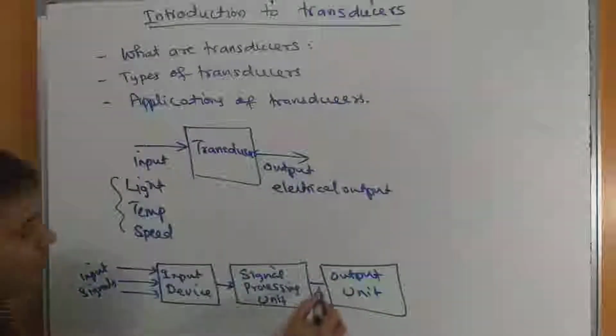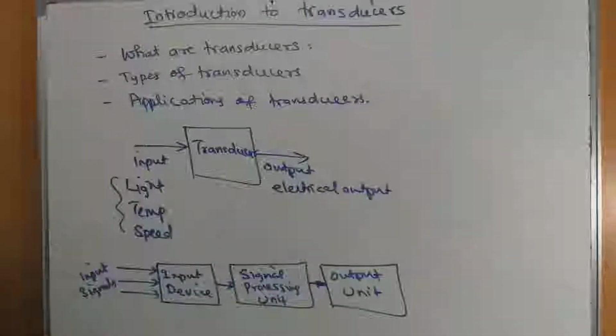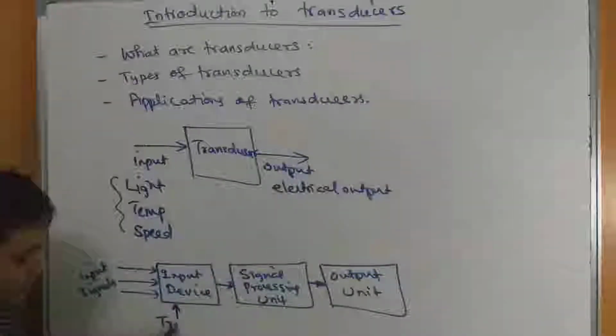So any general instrumentation system, in its simplest form, has these main elements. The first element, the input device, is supposed to transfer the input signal or input energy into a signal that the signal processing unit can accept. So this device is nothing but a transducer.